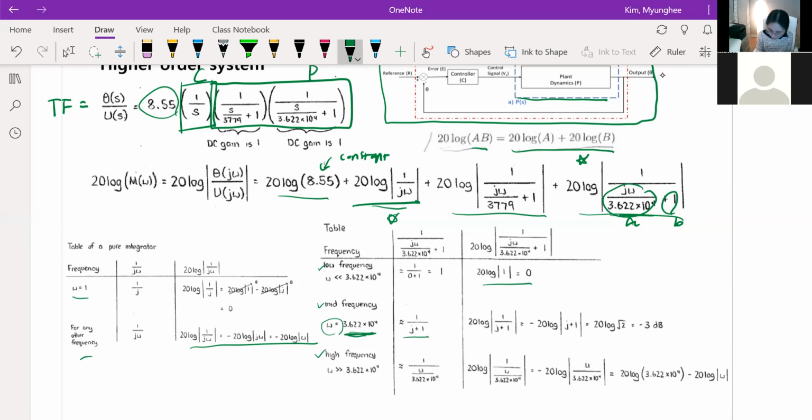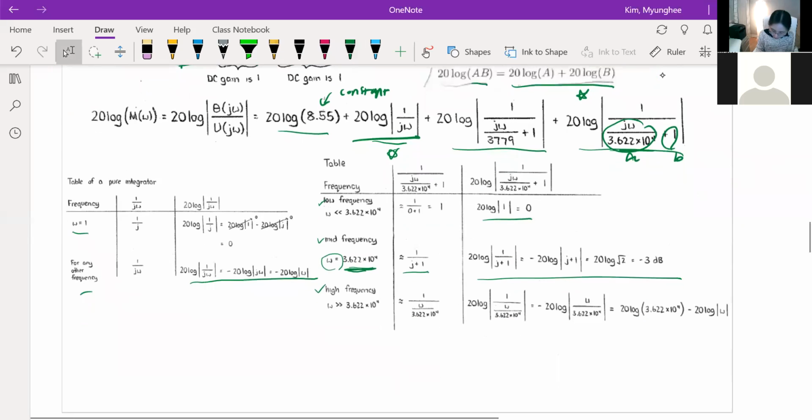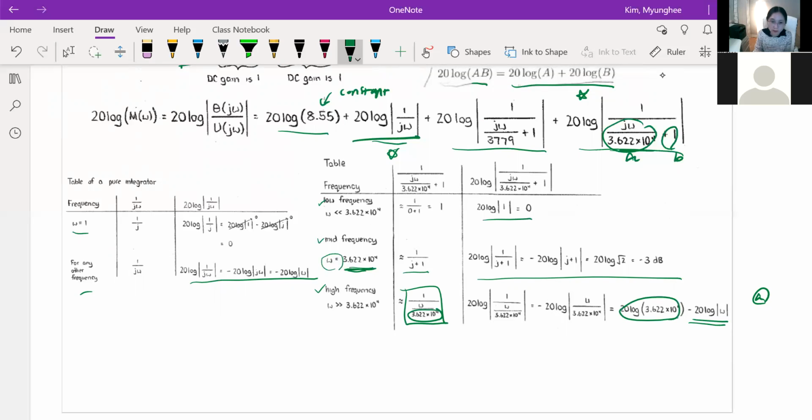It becomes 1 over square root of 2, and then becomes negative 3 decibel. And in the high frequency, now the B part is negligible. You have only the A part, which means it becomes again negative 20 log omega. And then we still have this value, so this becomes a constant minus 20 log omega.